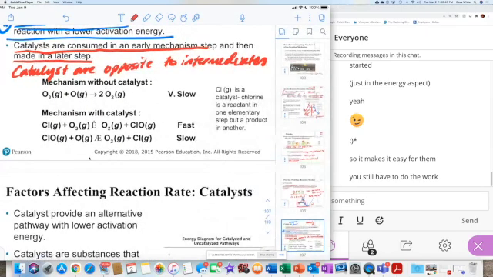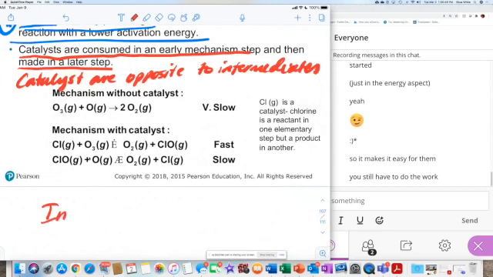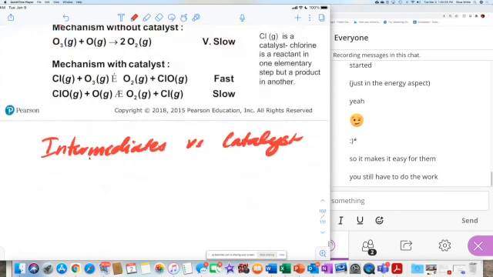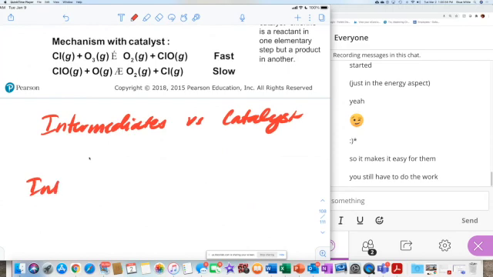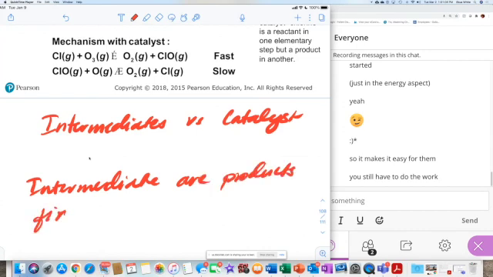How are intermediates different from catalysts? So say here, intermediate versus catalyst. Okay. Intermediates, if I can spell, are products first, reactants second.